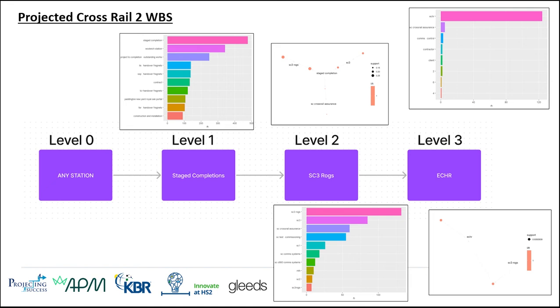What we found was, based on stage completion, for level 2, SC3 ROGS was the next best step. Finally, for level 3, using both conditionals of stage completion and SC3 ROGS, we were recommended that ECHR was the last and final step that would be most recommended for the output of this model.